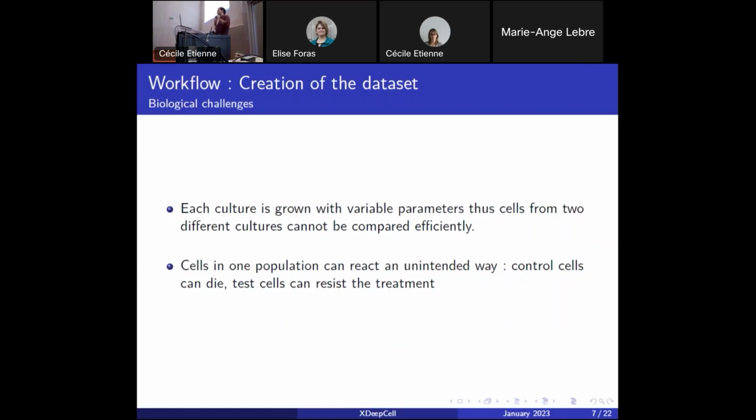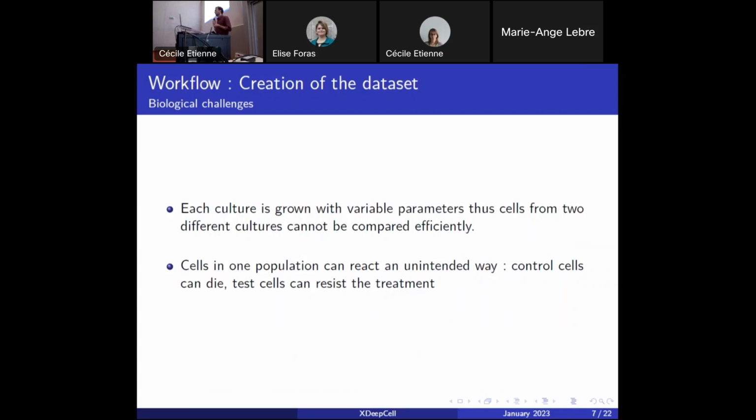So we have to study each data set separately. Second thing that we have to take into account is that cells in one population can react in kind of an unintended way. For example, control cells that are non-treated can just naturally die.